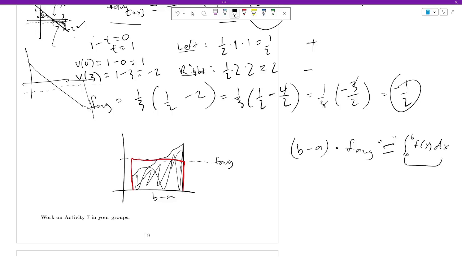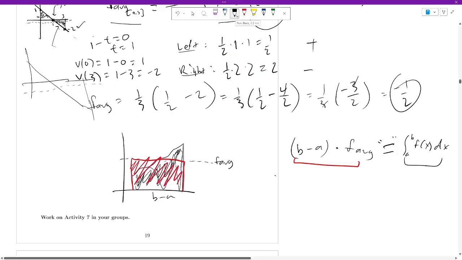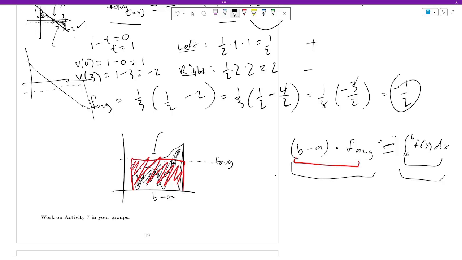Right, so this side is the black shaded part, the area under the curve. The left side is the red shaded part, the area of that rectangle. So the claim that this left side is equal to the right side is the same as claiming that this rectangle, in fact, has the same area as the area under this function.